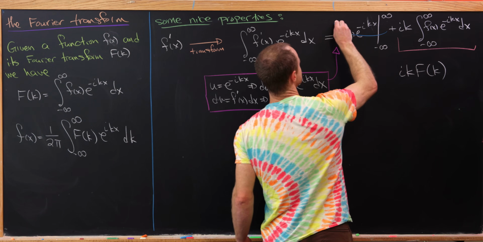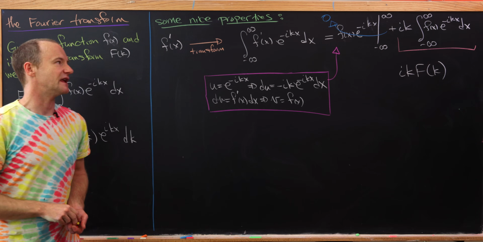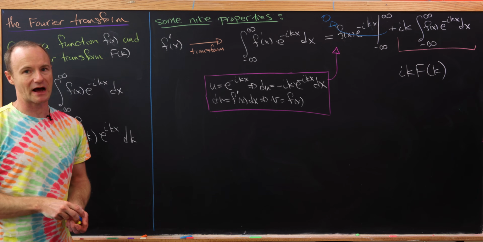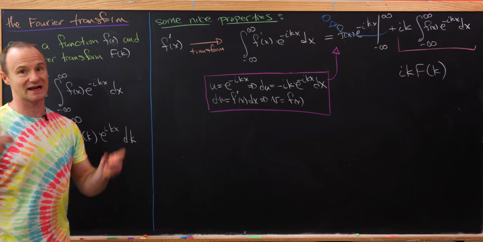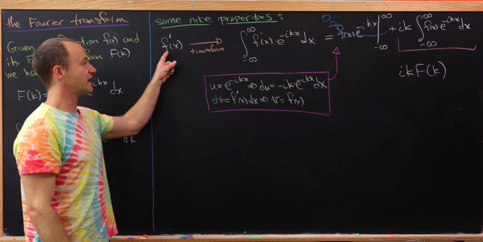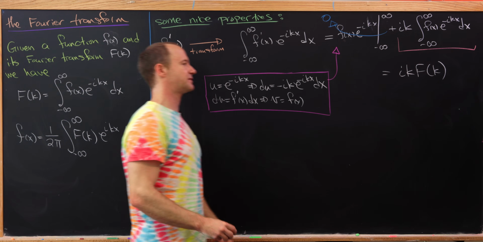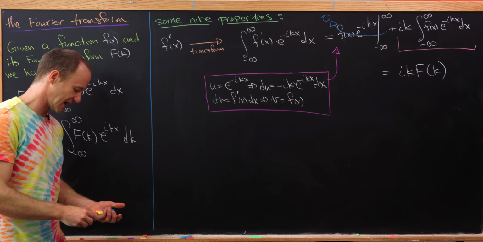So that would give us this entire thing going to 0 here, because the e to the i k x term is bounded. Notice those all have size 1. So there we have it. If we take the Fourier transform of a derivative, we get this multiplier of i times k.